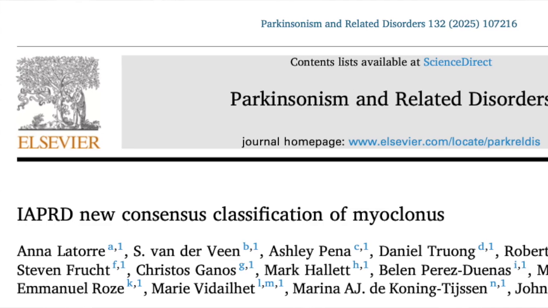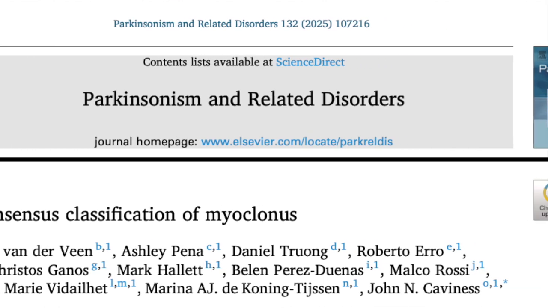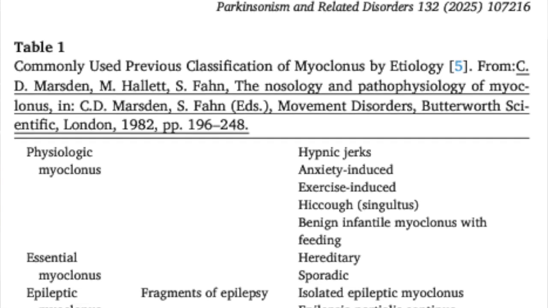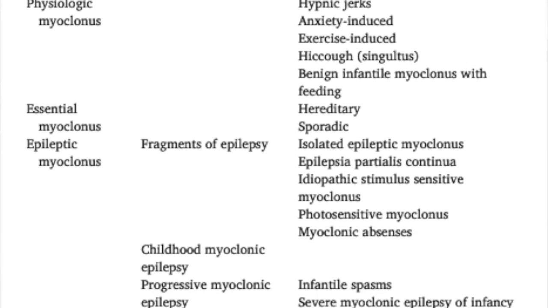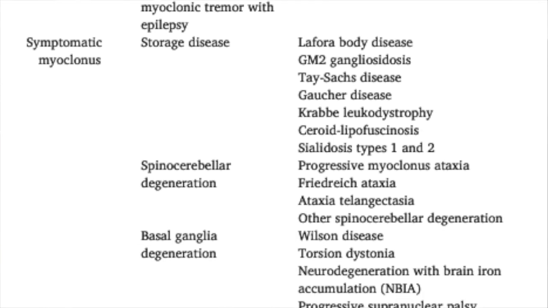We feel that, over the years, the old classifications served us really well. But as the years and eventually decades went by, we all began to feel that it was just aging. It was based really upon four broad etiological categories: physiologic myoclonus, essential myoclonus, epileptic myoclonus, and symptomatic myoclonus.